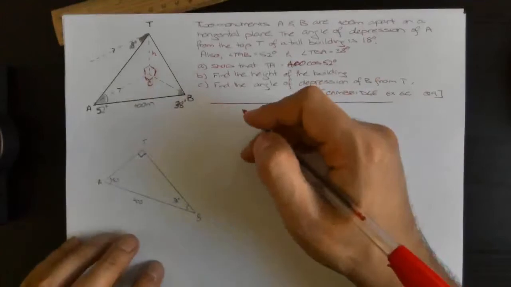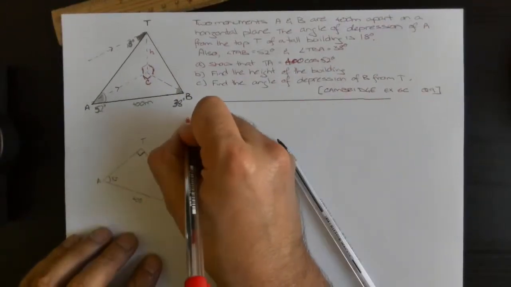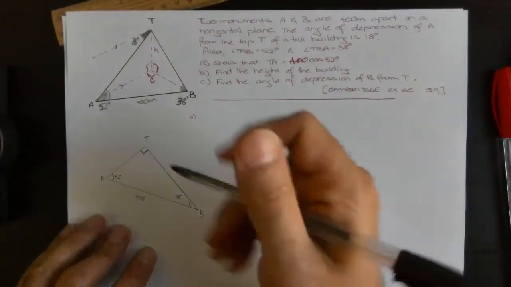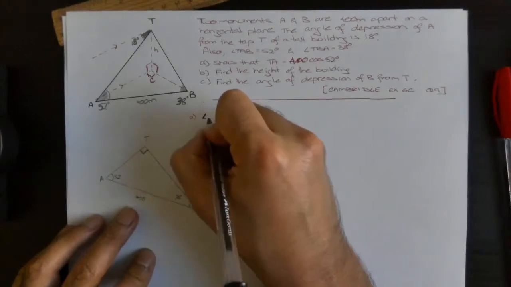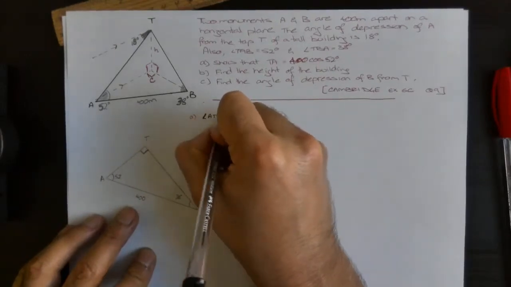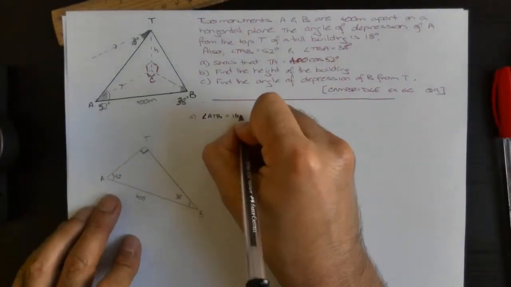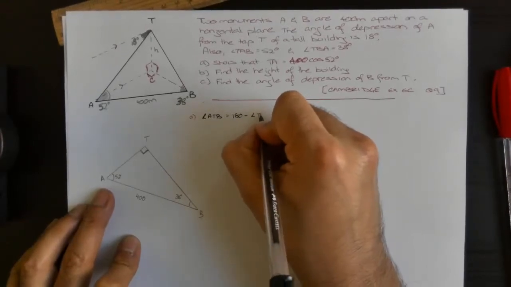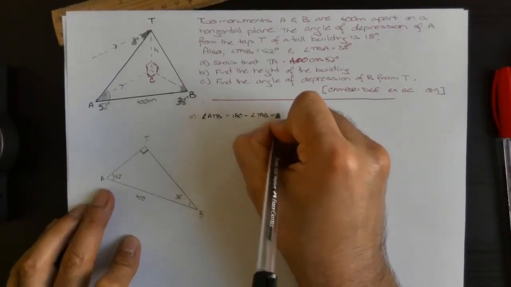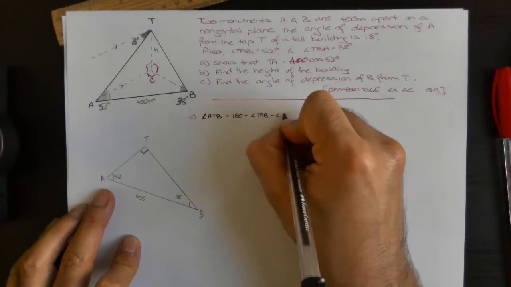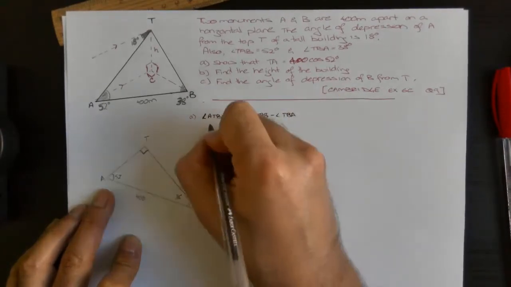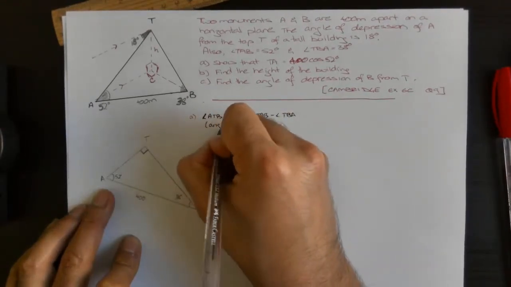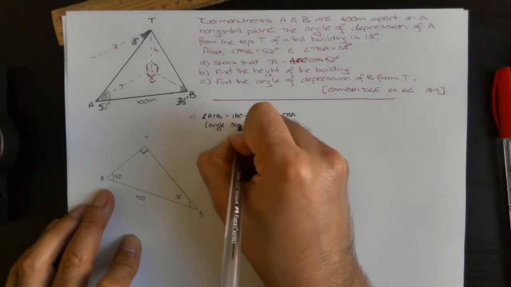So the first thing I need to do for A is show that angle ATB is 180 minus angle TAB minus angle TBA, because of the angle sum of a triangle.